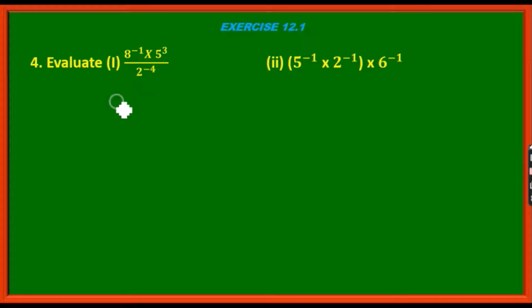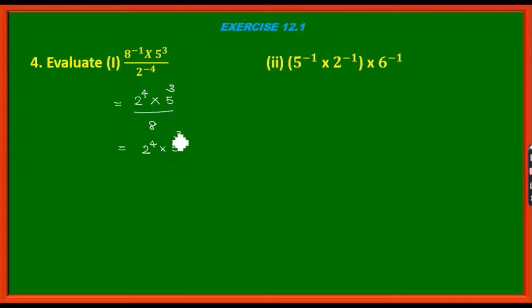That is 2 raised to 4 into 5 raised to 3 divided by 8 raised to 1, that is 8.